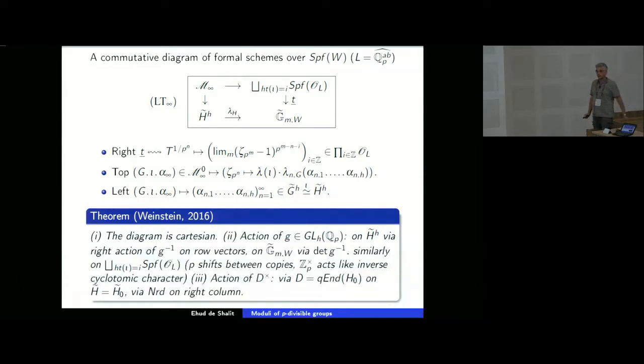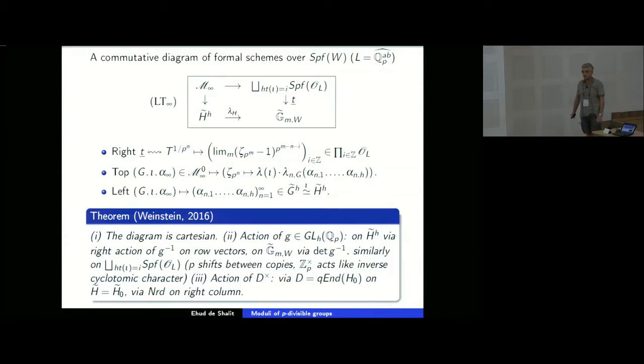It also allows you to describe the action of GLh and D star on M infinity very easily. Let's, for example, take GLh of Qp. So GLh of Zp we have described before, but once you go all the way to the top, just as you do in modular curves, or Shimura varieties, you get all the Hecke correspondences, all the GL2 of Qp acting.